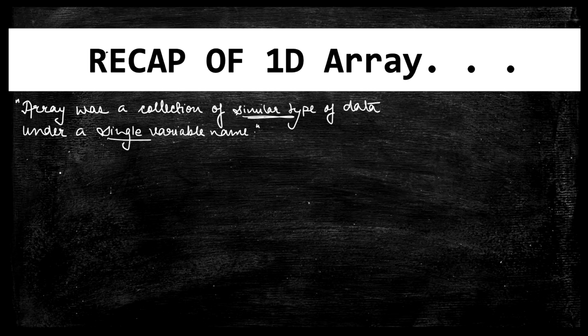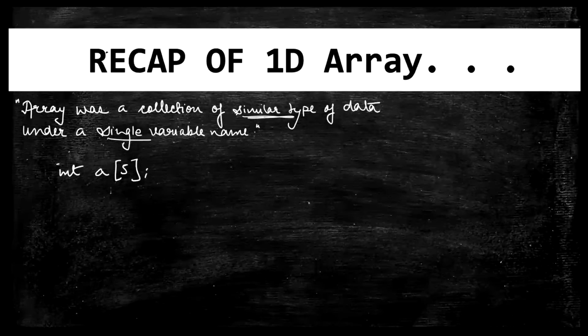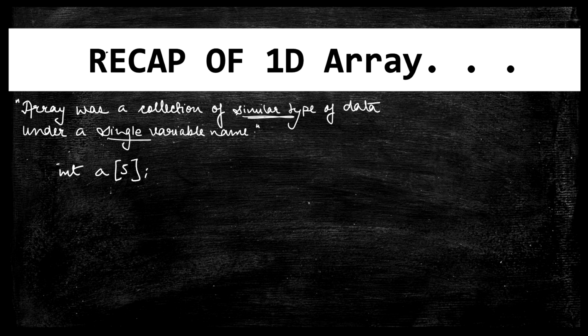So how did we declare 1D array? We declared 1D array like this: int a[10], or let's take a small value for our understanding, a[5]. So what did this statement do? This statement makes the compiler create a space of 5 spaces in the memory of integer type for storing the numbers.